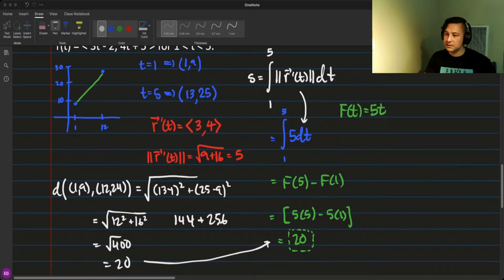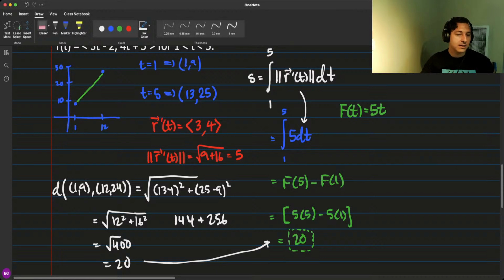Bottom left? Oh, yeah, I forgot to change this one right here, yeah.